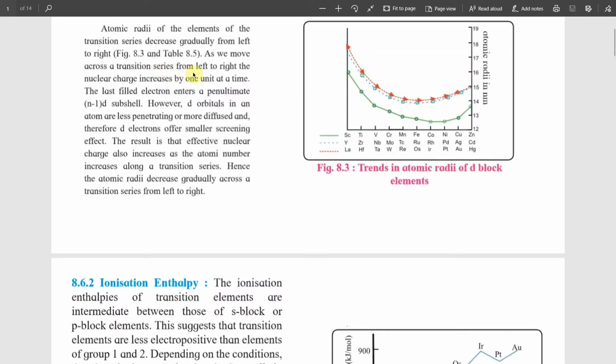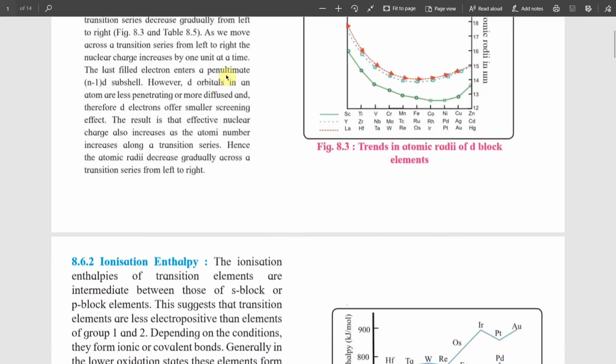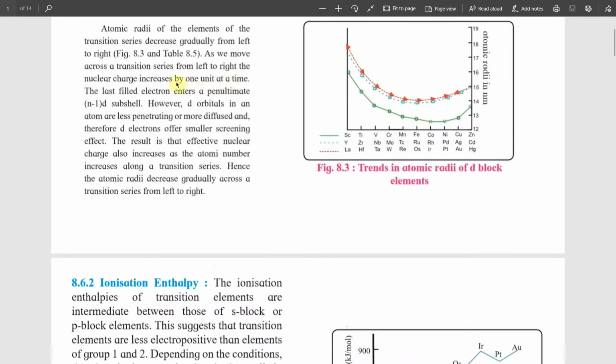The atomic radii of elements of the transition series decrease gradually from left to right. As we move across the transition series from left to right, nuclear charge increases by 1 unit at a time.